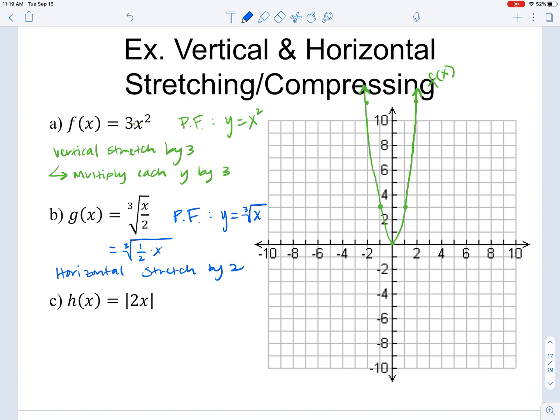I knew it was horizontal because it's happening to the x. And we use the reciprocal to describe what's happening. So all of the x's for the parent function are being multiplied by 2.